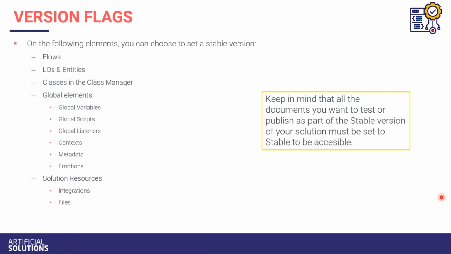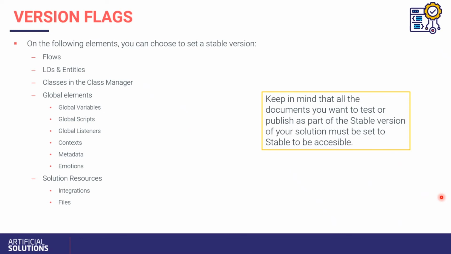For all the rest, you choose if you want to set a stable version on those. That means flows, language objects, entities, your classes, the rest of the global elements, the solution resources, etc. You get to decide if you include them or not inside your stable version. But you then have to remember that anything that is not included in the stable version will not be taken into account.